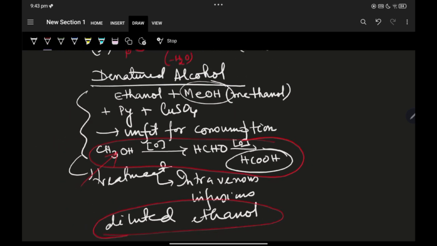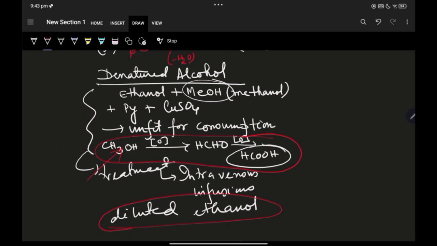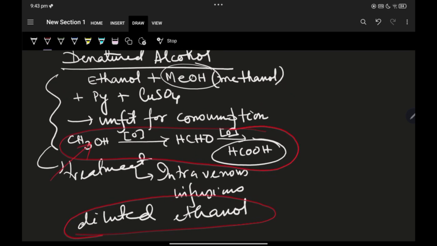So, denatured alcohol means the ethanol that is made unfit for consumption, that contains traces of methanol in it and may be mixed with pyridine that gives it a bad smell, copper sulfate that gives it a color, and actually you can understand that this alcohol is not to be consumed.